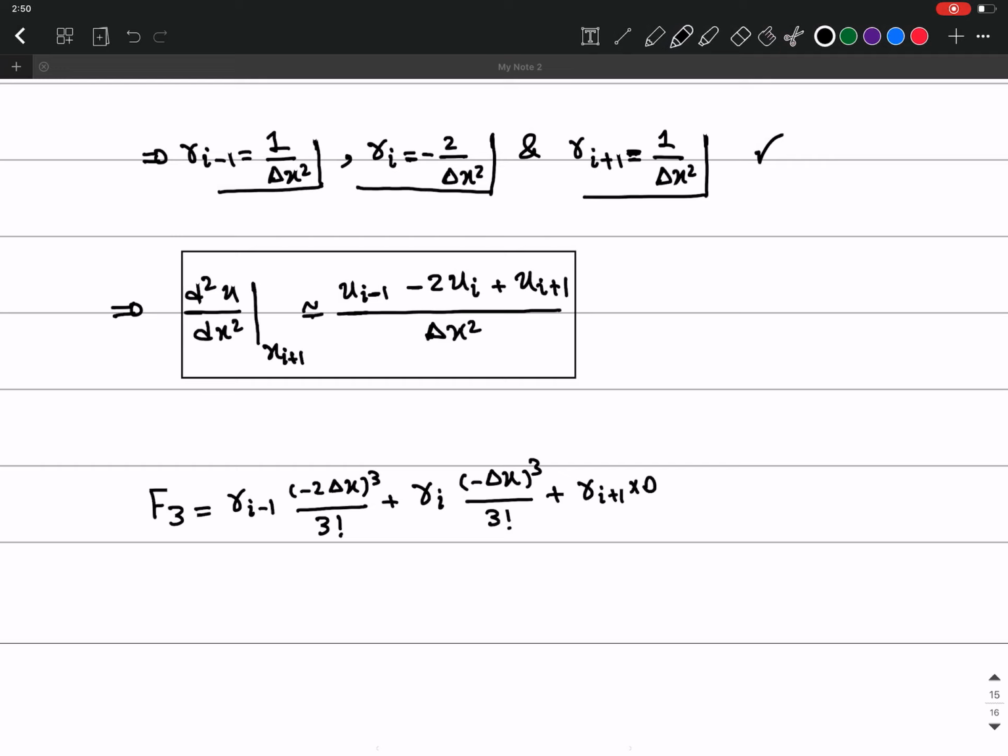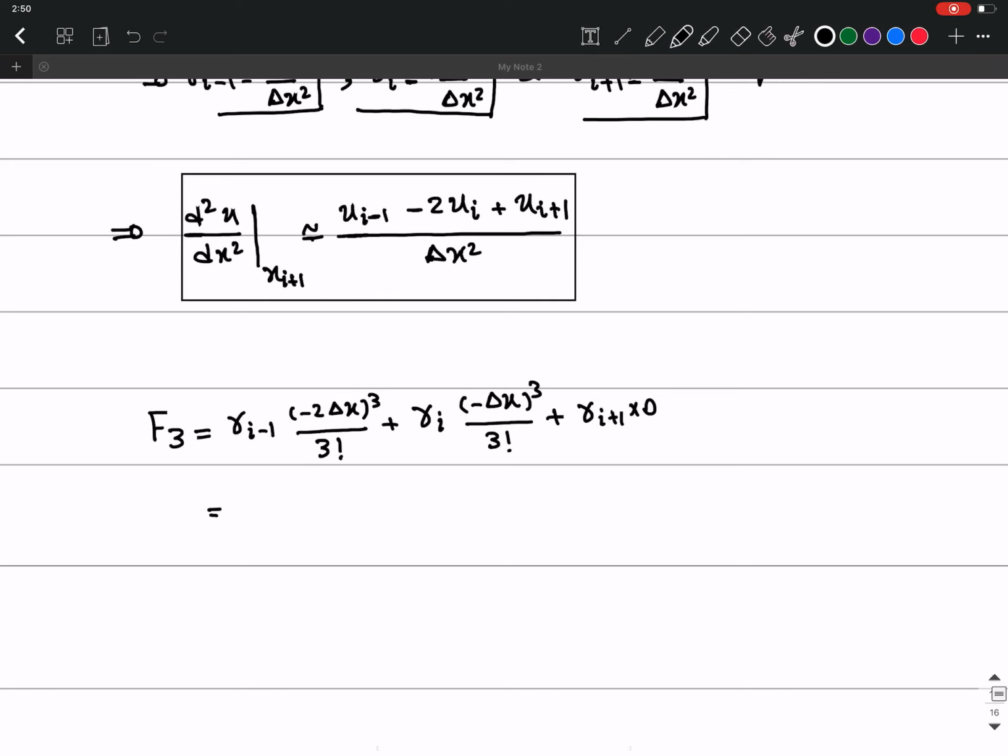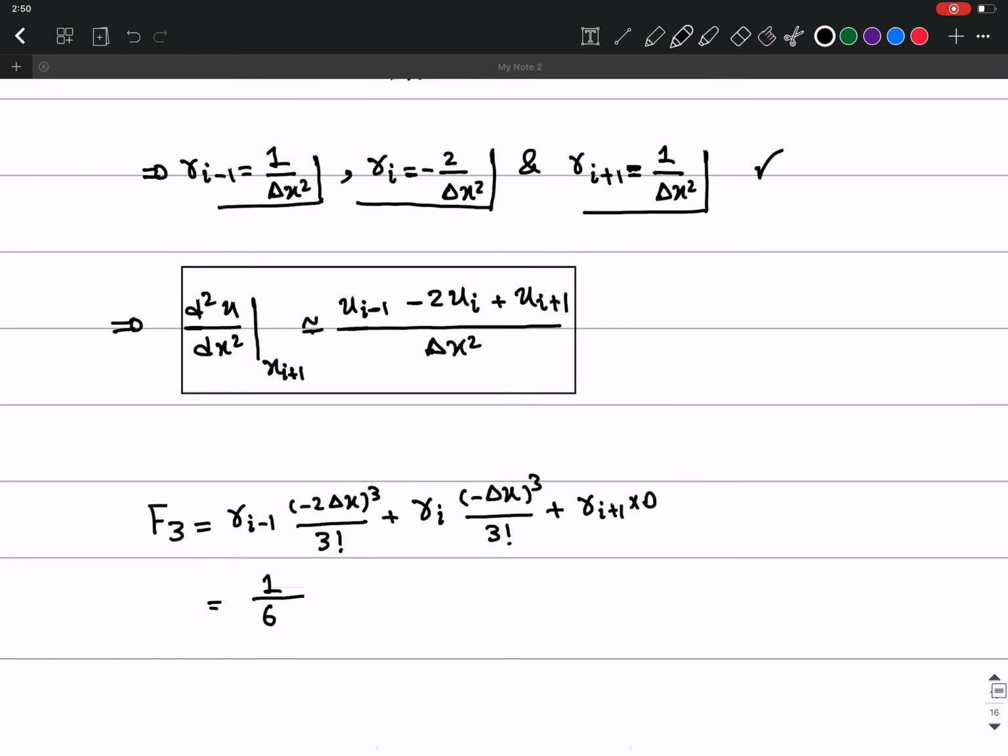So this is going to give me, I can just factor out 1 over 6 here from the 3 factorial, and from the gammas here I have delta x squared, right?